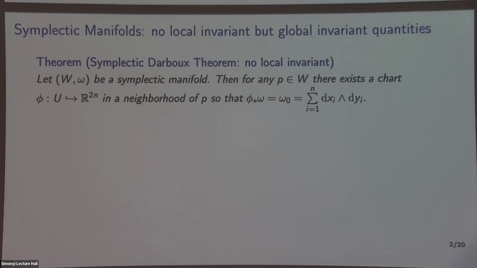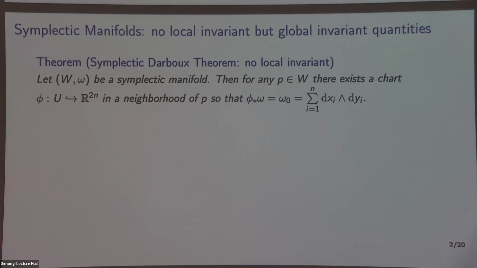More precisely, if you have a symplectic manifold W, a manifold endowed with a closed non-degenerate two-form omega, for any point p there exists a neighborhood of this point such that in this neighborhood, your symplectic form just looks like the standard symplectic form in R^2n given by the sum of dx_i wedge dy_i. So locally, every symplectic form looks the same, every symplectic manifold looks the same.